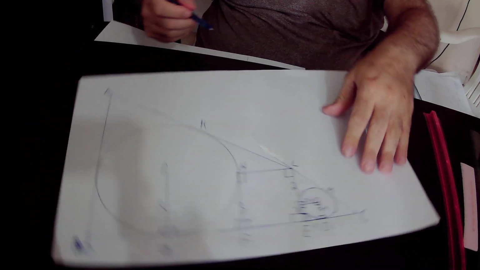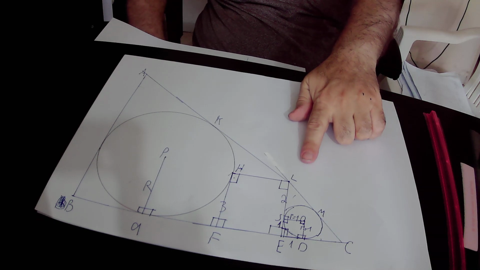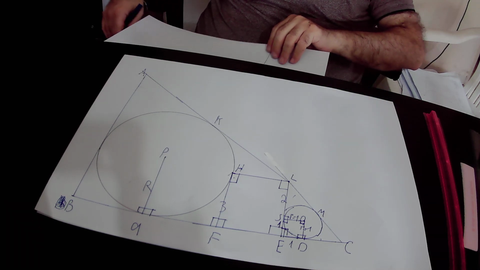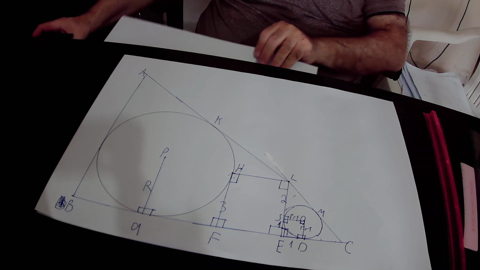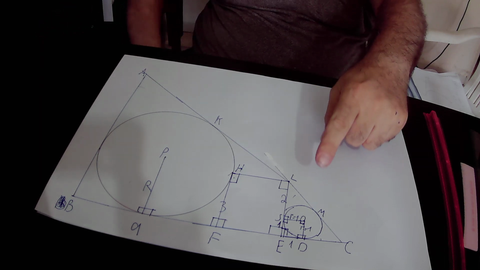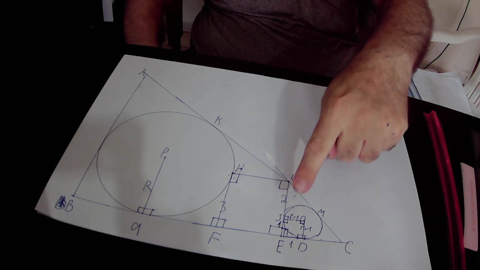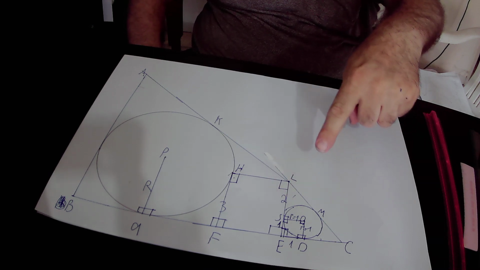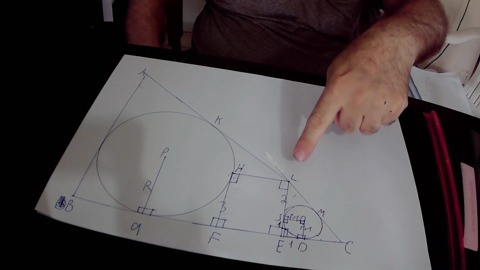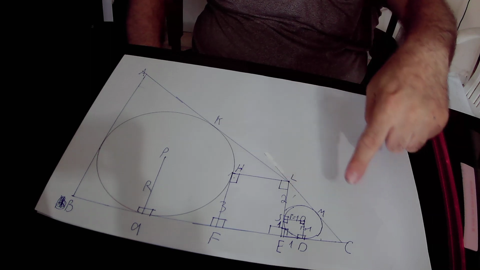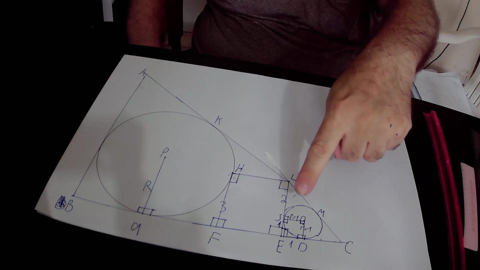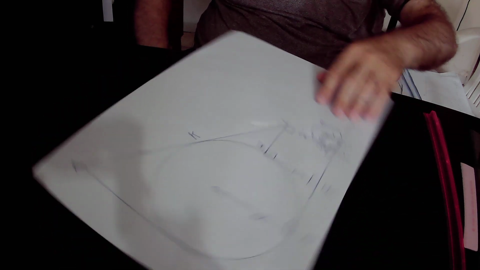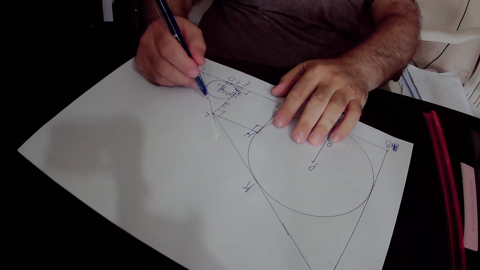Now we will focus on the common external point L. From the common external point L, we have two tangents to the small circle, tangent LS and tangent LM. According to rule number 2, they are equal to each other. That is to say, LS equals LM. But LS equals 2, therefore LM is also equal to 2.